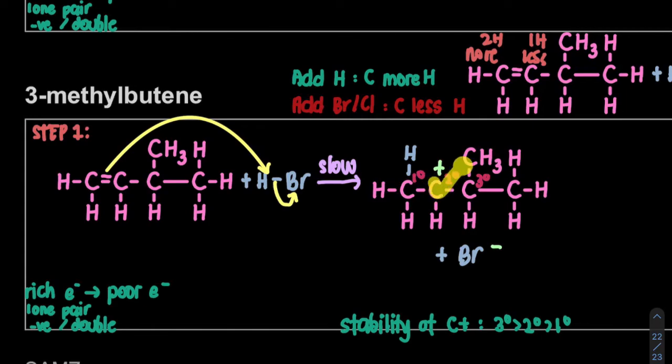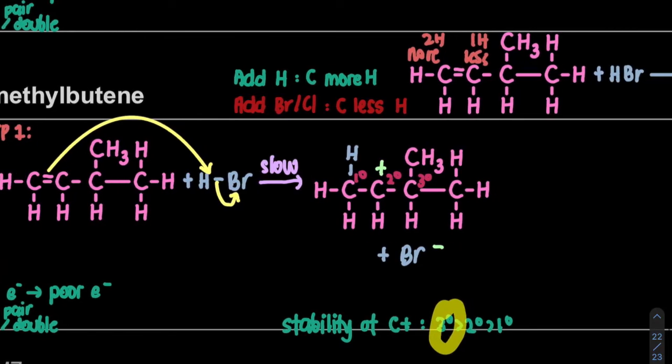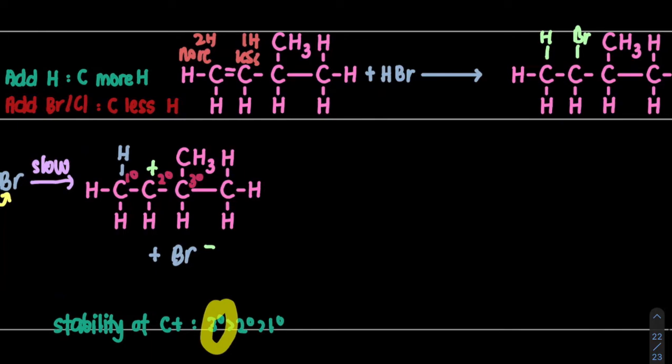So again, is it the most stable carbocation? No. We can form the tertiary carbocation. So what should we do here? We have to show that what we have is the 1,2 hydride shift. Here we will shift the hydrogen. Why is it not a CH3 shift?